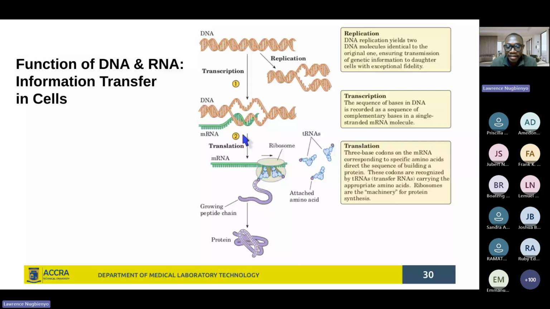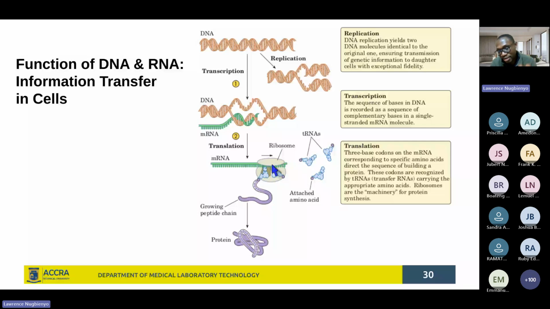Then the messenger RNA, when it comes into the cytoplasm, the code has to be translated. That process is what is being referred to as translation. And how does that information get translated? You see the messenger RNA, when it comes into the cytoplasm, you have a ribosome complex.